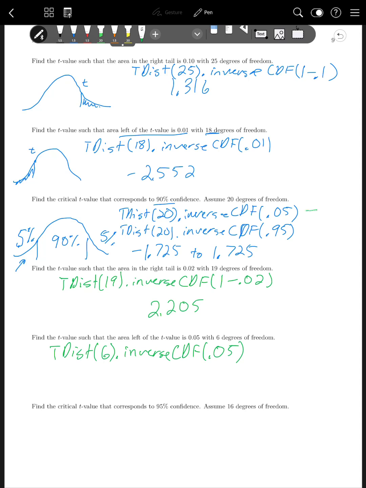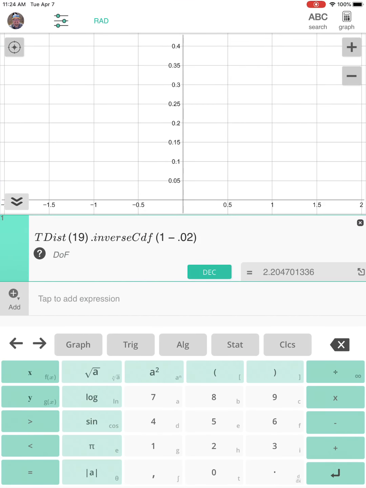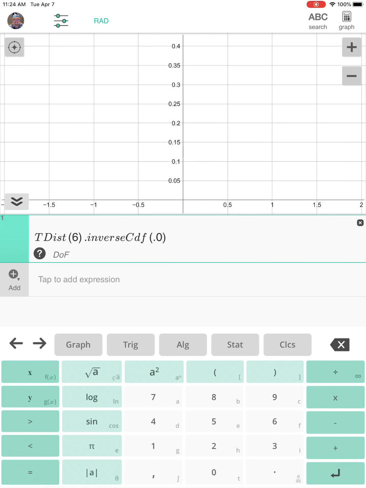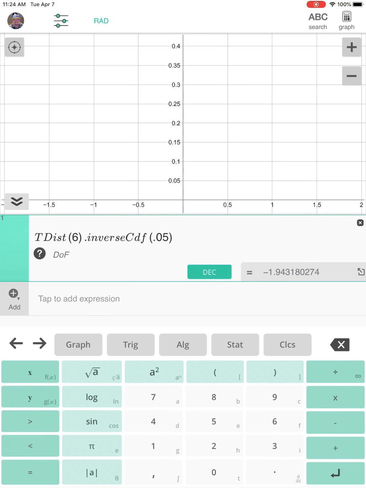So 2.205. The second one, we're doing area in the left tail, so this will be t distribution of 6 degrees of freedom, dot inverse CDF of 0.05. Now notice we did 0.05 once before, but we have different degrees of freedom. So we did 0.05 up here, but we had 20 degrees of freedom.